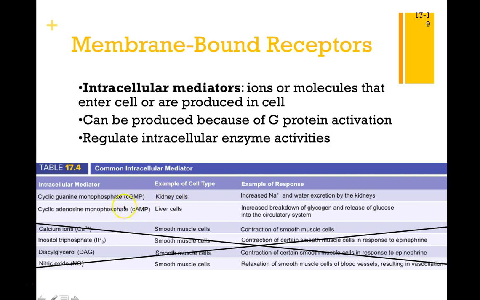And the other one we will focus on is cyclic AMP that we just spoke about, cyclic adenosine monophosphate, an example of that cell type would be the liver cells. So the example of the response would be increased breakdown of glycogen and release of glucose into the circulatory system.